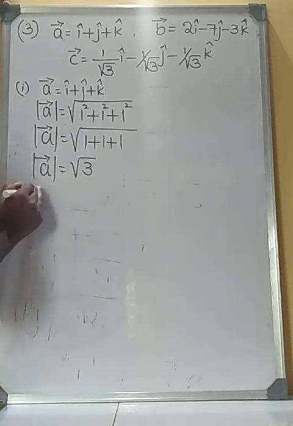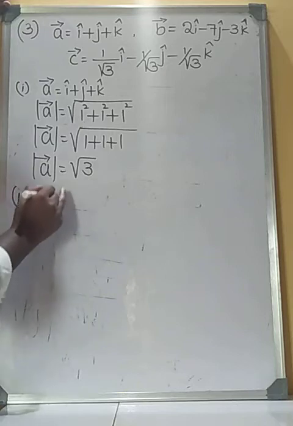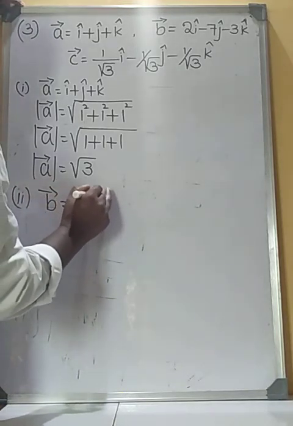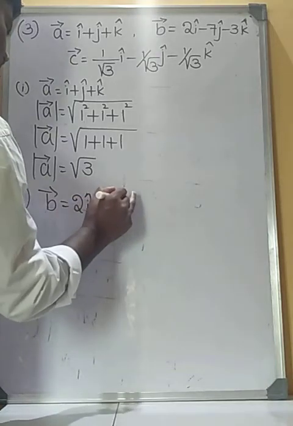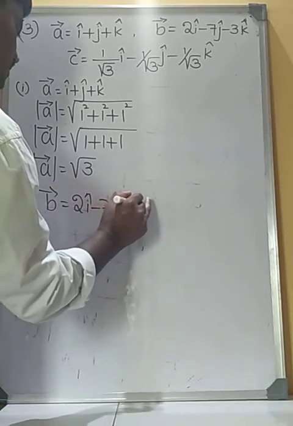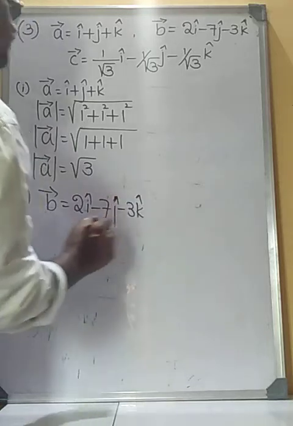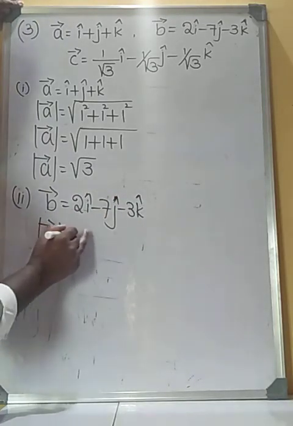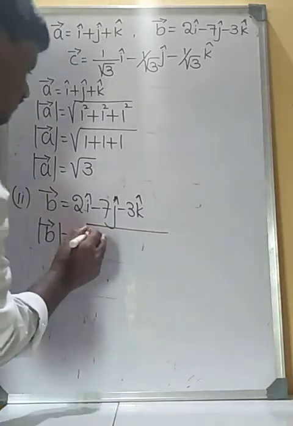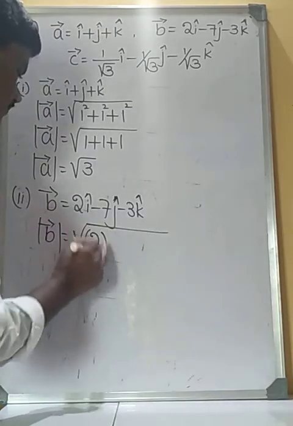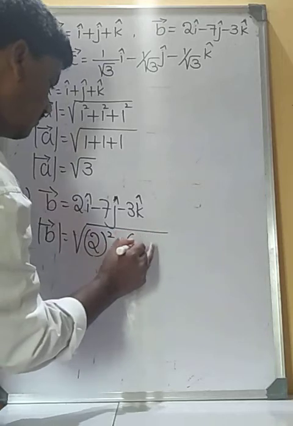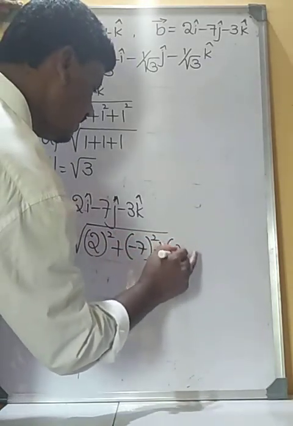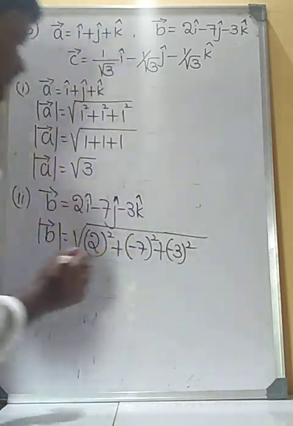Second one, vector B is equal to 2i minus 7j minus 3k. Therefore, the magnitude of B vector is equal to root of 2 square plus minus 7 square plus minus 3 square.